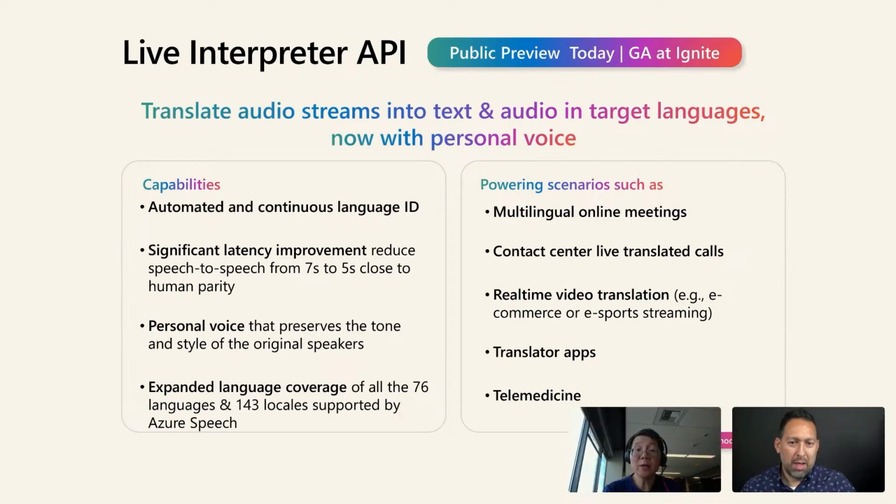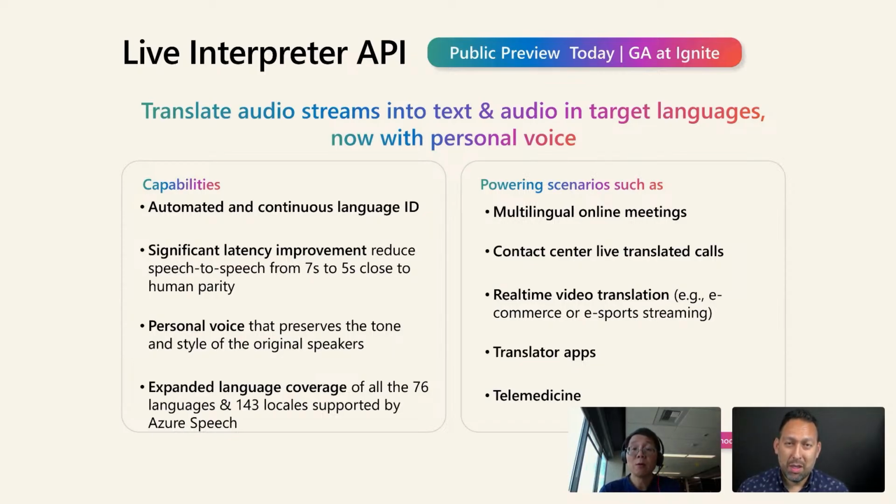Okay, so the new AI interpreter, as you can see in the slides, brings several great themes. The first is you never need to set any input language. You just use your device or your app, talking to anybody speaking any language, and it can help you translate. It already supports 76 languages with 143 locales, covering the majority of locales in the world.